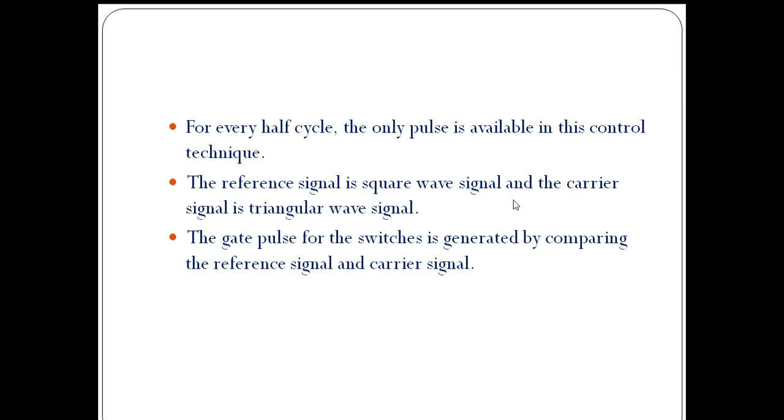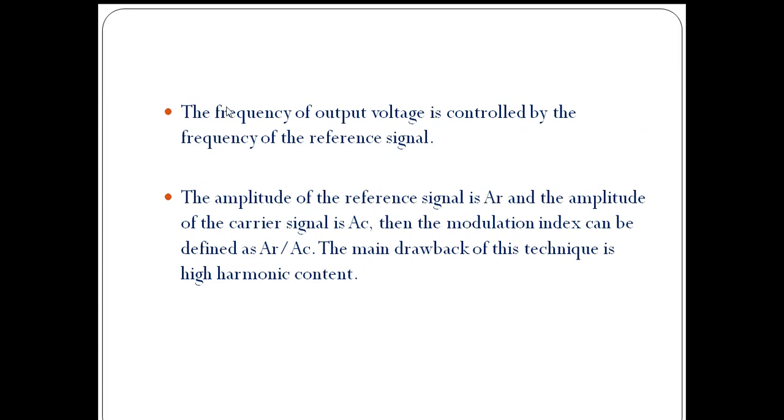The reference signal is a square wave signal and the carrier signal is a triangular wave. The gate pulse for the switches is generated by comparing the reference signal and carrier signal. The frequency of output voltage is controlled by the frequency of the reference signal. The amplitude of the reference signal is AR and the amplitude of the carrier signal is AC.